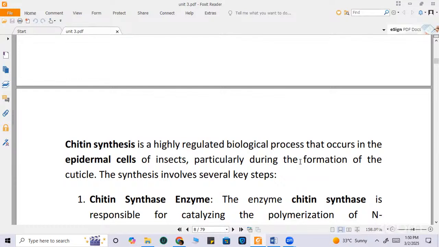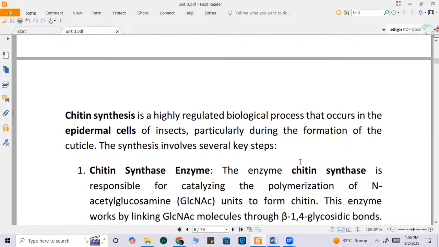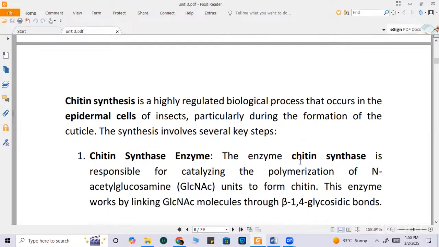This involves several key steps, and there are enzymes involved in the synthesis of chitin, the chitin synthase enzyme. So what does this enzyme do? The enzyme chitin synthase is responsible for catalyzing the polymerization of N-acetyl glucosamine. It helps the joining of the simpler units, the monomers of N-acetyl glucosamine, into a long linear polymer chain.